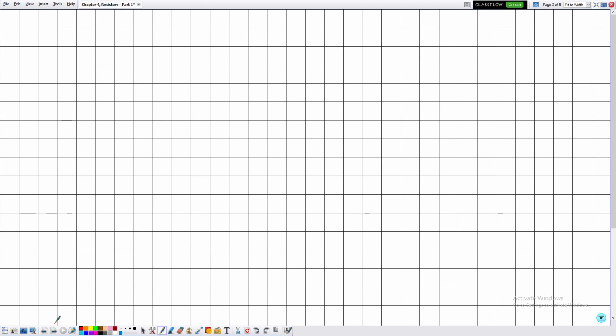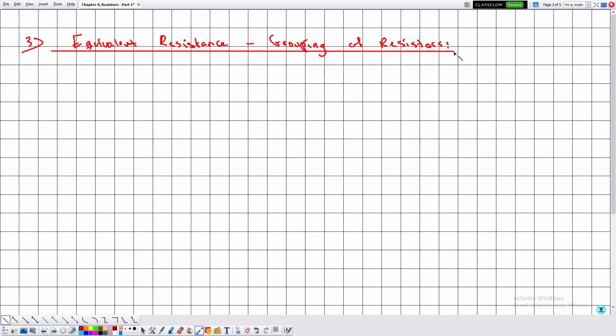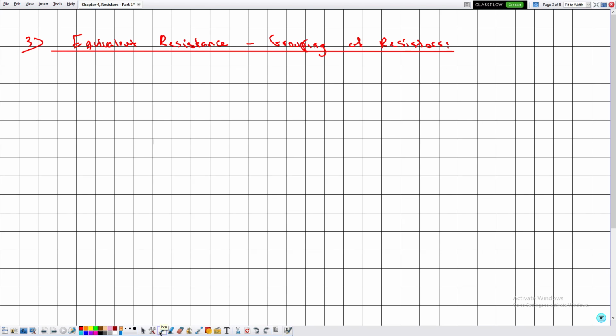Now let me move to the other section, which is also important, the equivalent resistance. This is given by grouping of resistors. So what is an equivalent resistance?